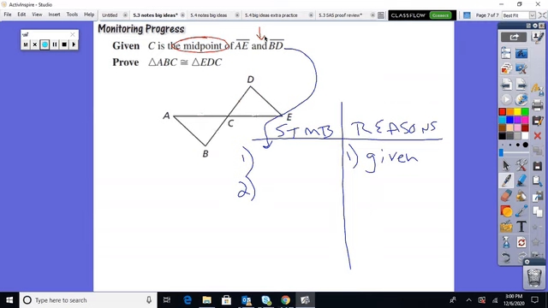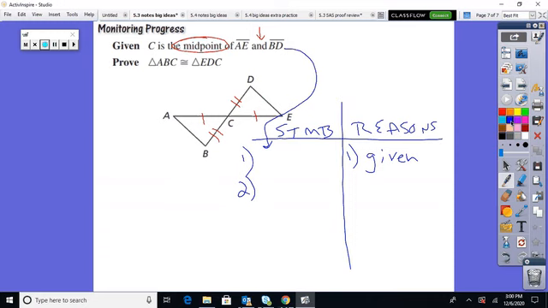So when it's the midpoint of AE, that gives me AC congruent to CE. And it's also the midpoint of BD, so it's going to give me BC congruent to DC. So you've got two different midpoint statements here because of the word and. It's midpoint of both of those things.